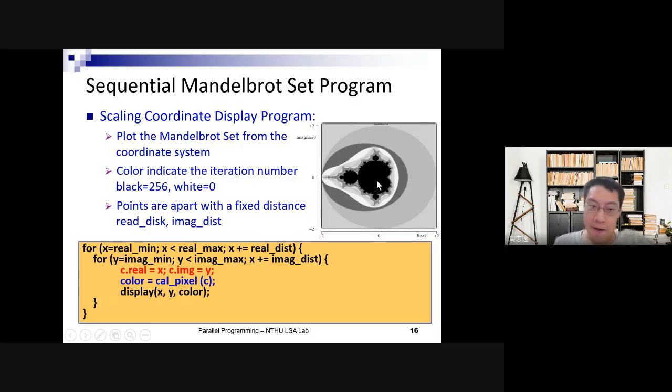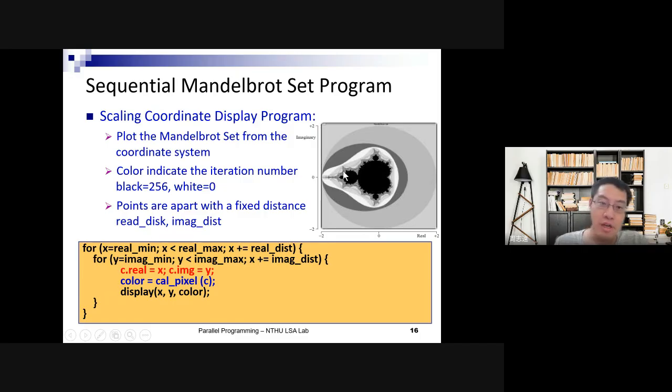But anyway, all those parameters simply decide how many computation tasks there are or which area you're going to plot. And for every pixel you're going to plot, you have to call the function we just explained in order to determine the color, or the value, of that pixel.